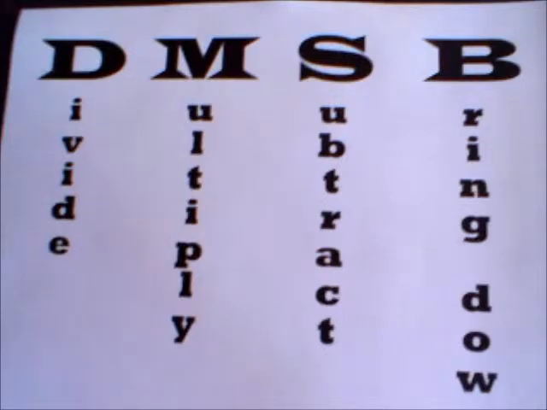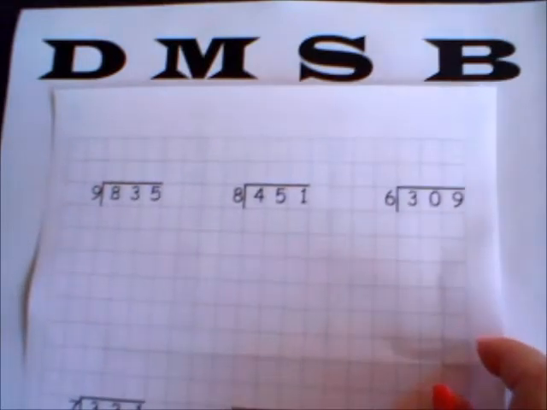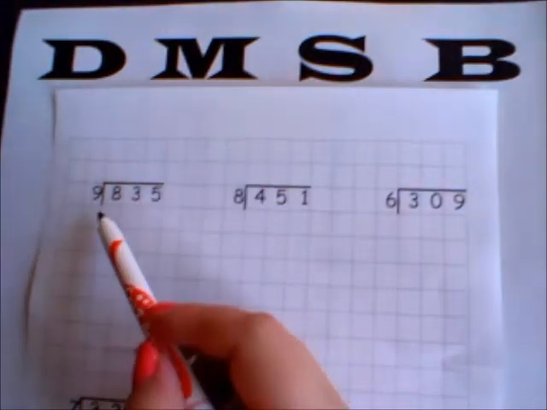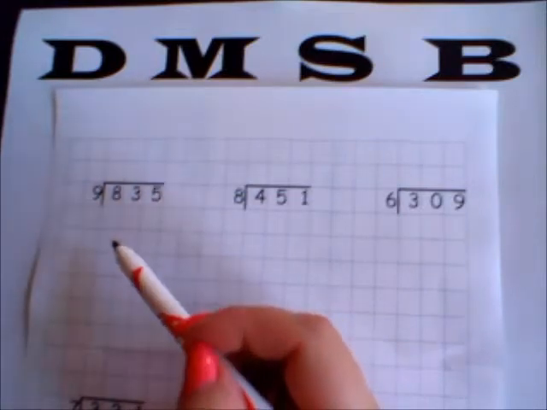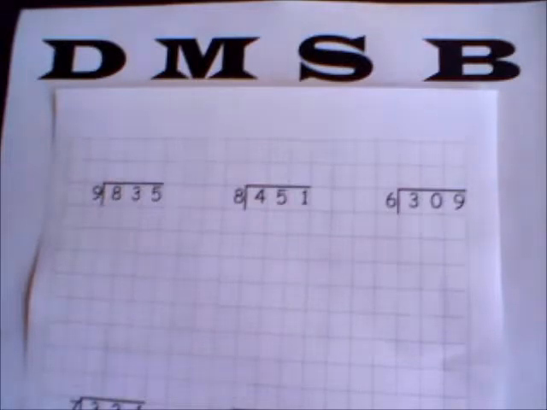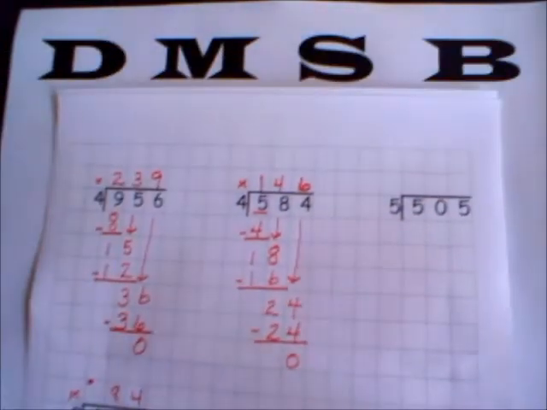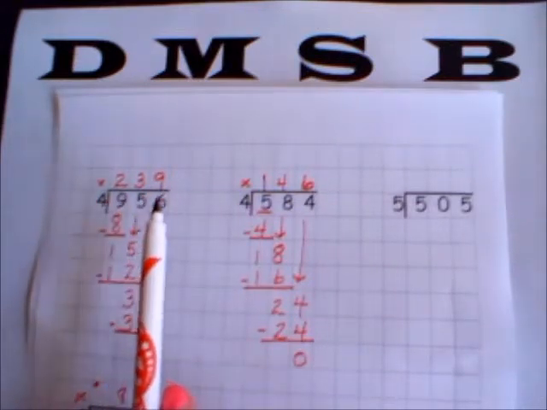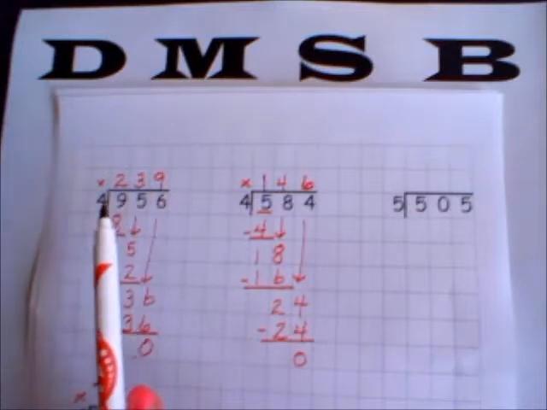So, the other thing that you have to know about dividing one-digit divisors is if there is something left over when you're done. In the case of the problems that we just did, we had nothing left. Every time we divided, these whole numbers divided evenly, okay?